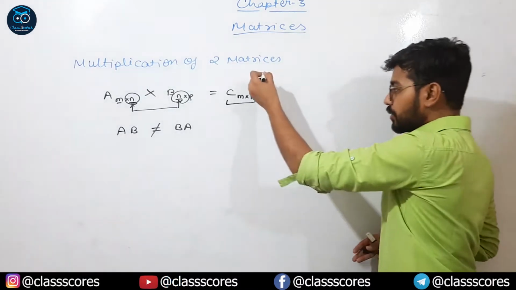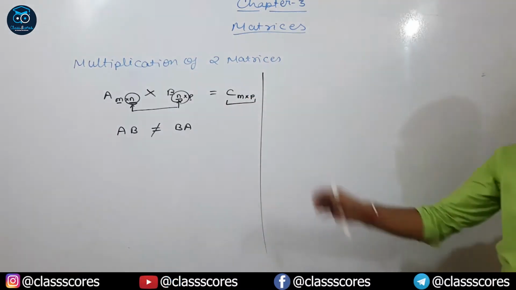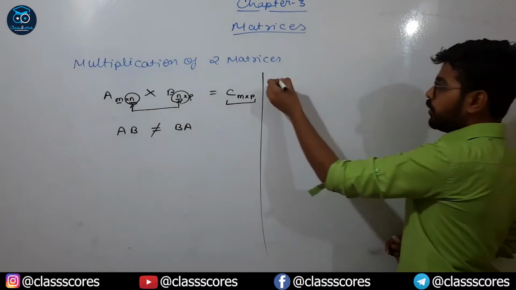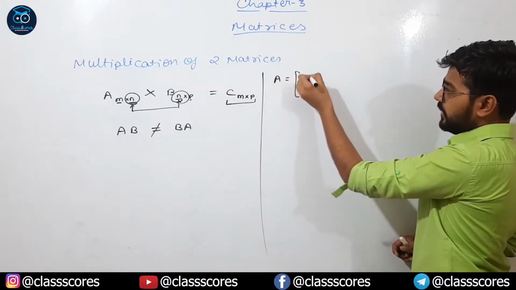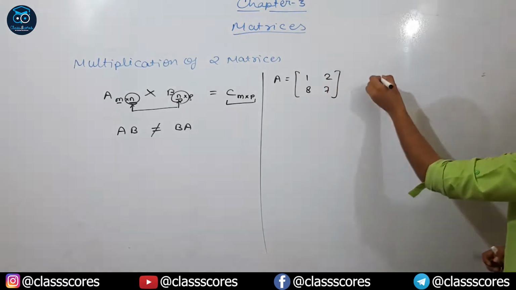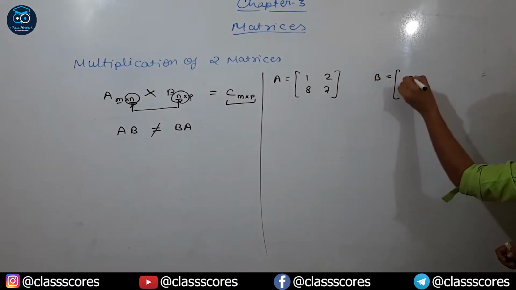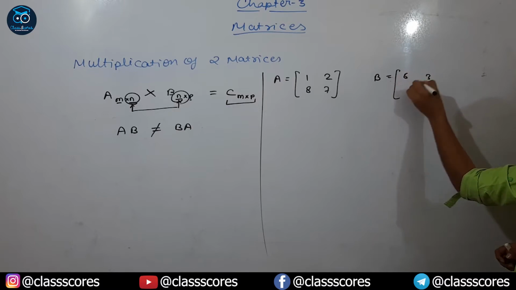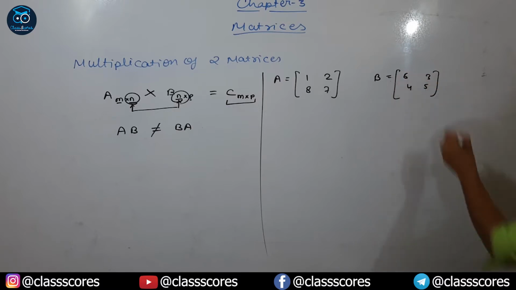Now we are going to learn how to multiply these two matrices. Suppose a matrix A with elements 1, 2, 8, 7 and a matrix B with elements 6, 3, 4, 5.